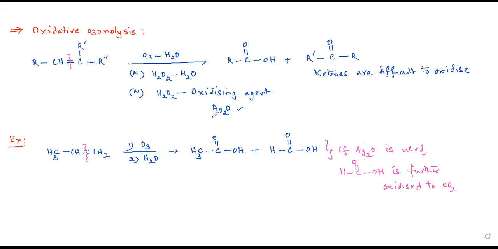So that is the extra step that occurs with silver oxide. Less frequently used, but it's better if you remember that. If silver oxide is used, this gets further oxidized to carbon dioxide. I mean, further oxidation step. Aldehydes to acids, acids to carbon dioxide. So this is how it happens.